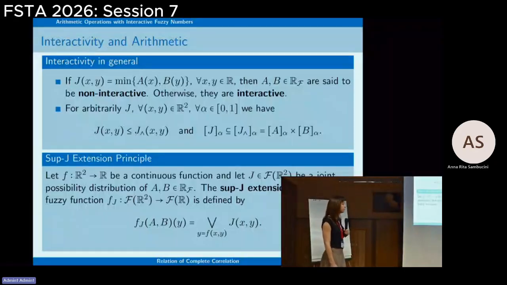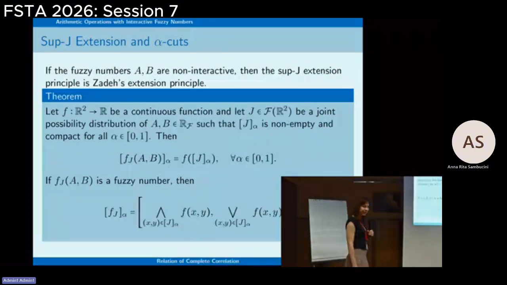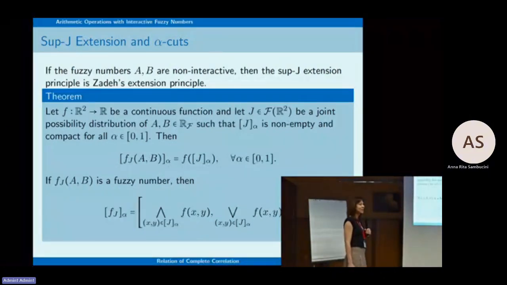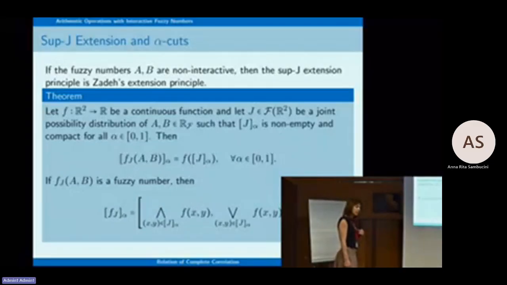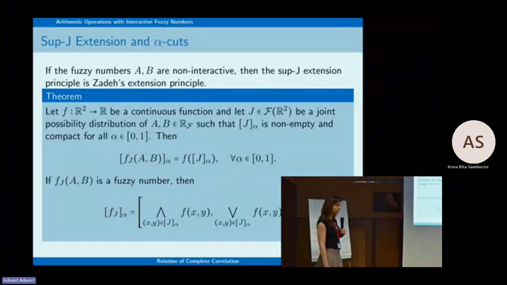And of course, everybody can see, because it was also in the presentation, that if the fuzzy numbers are non-interactive, so this J is the minimum T-norm, then this sup-J extension principle is actually Zadeh's extension principle. Okay, I will just briefly mention the second theorem, and it says how we can work with alpha-cuts of this sup-J extension principle.